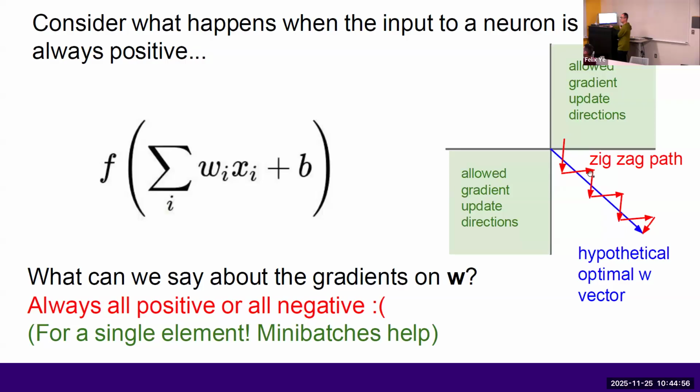Then you can only take a gradient in the first quadrant, then third quadrant, first quadrant, and so on. So you are taking a zigzag path to do the optimization. Are you saying that the convergence will never happen, or take too long? It will converge, but you are wasting a lot of resources, because you implicitly assume all the components have to be all positive or all negative.